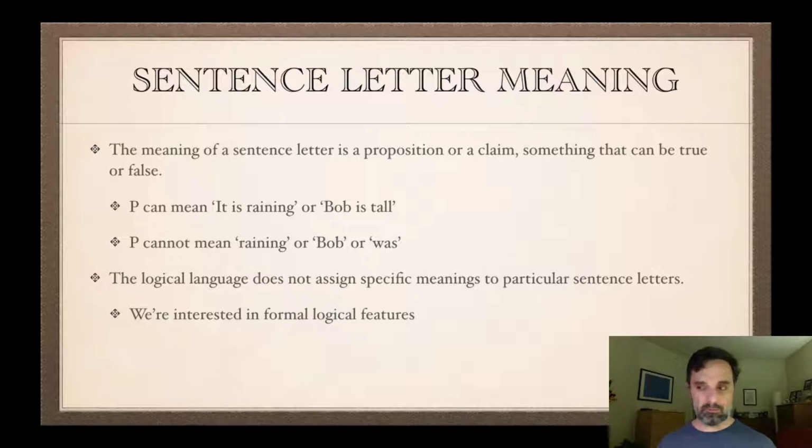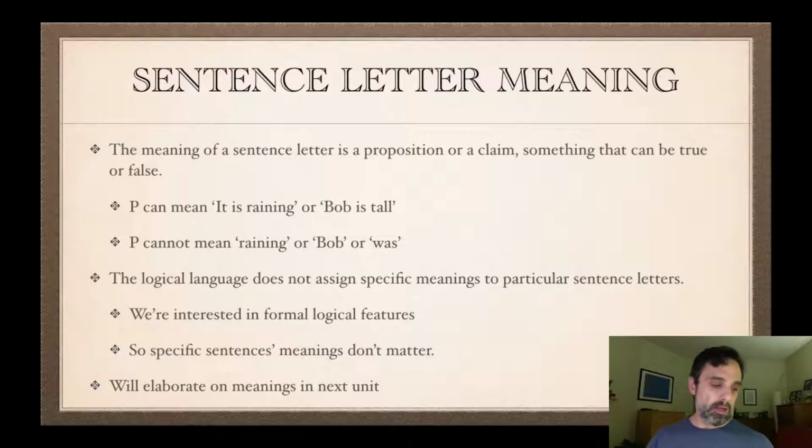So we don't care about the specific meanings of the non-logical vocabulary when we're looking at the language's logical properties. And so we don't need to assign a specific meaning to P to know about the logical properties of the sentence P. The specific meaning doesn't matter. So there we go.